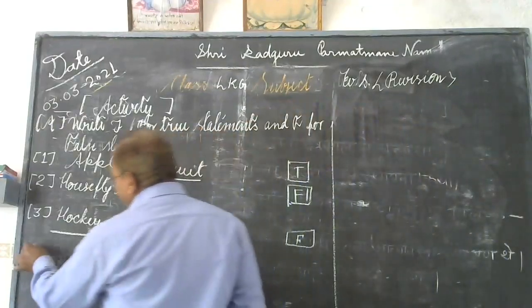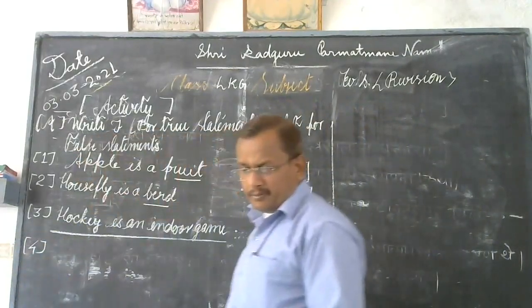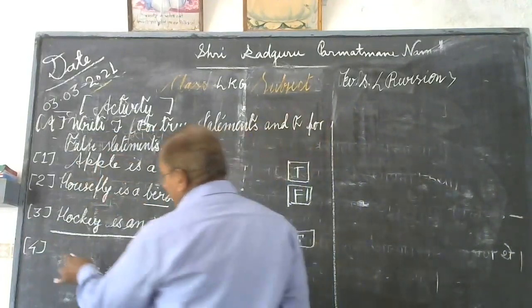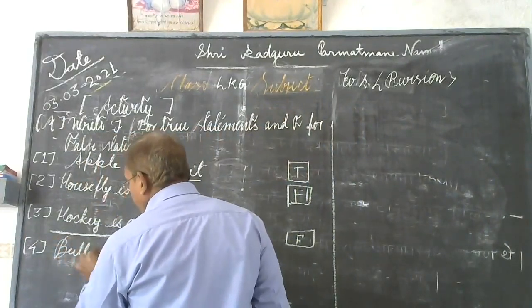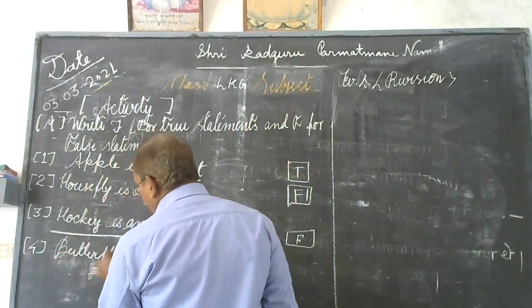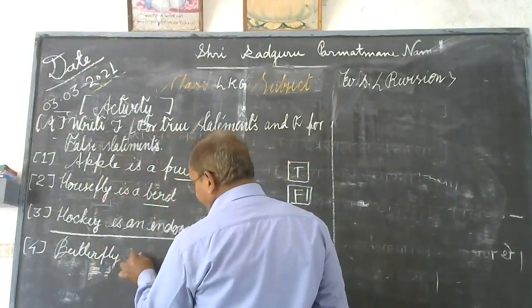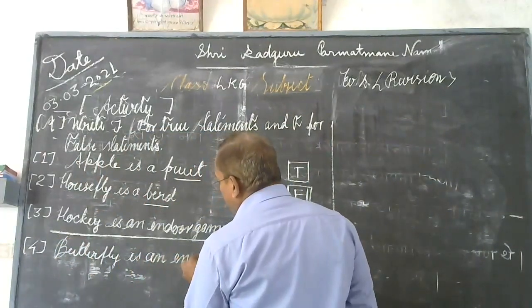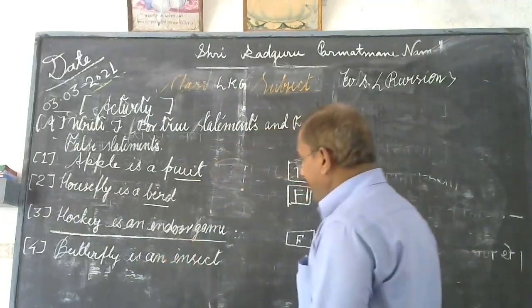Next, fourth sentence. Butterfly is an insect.